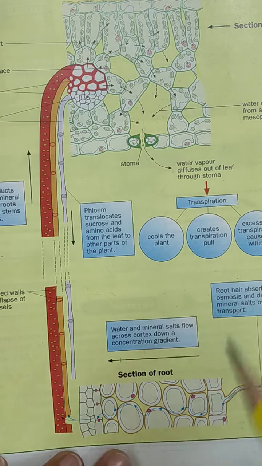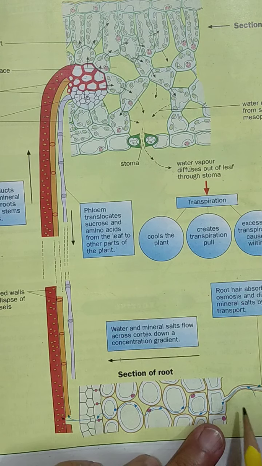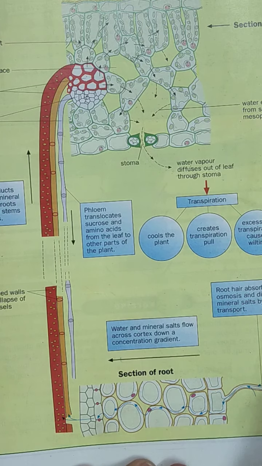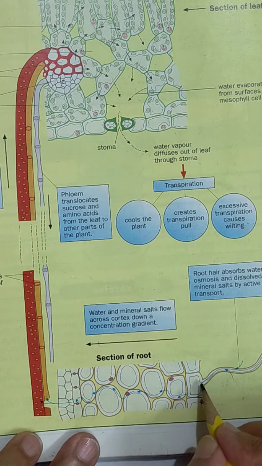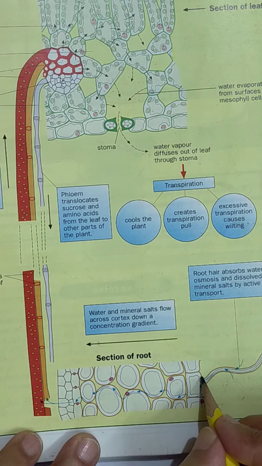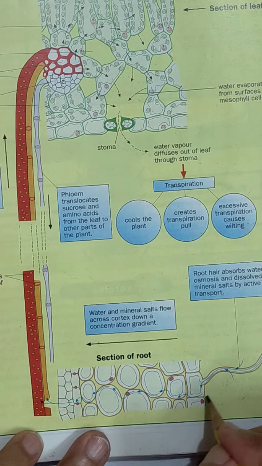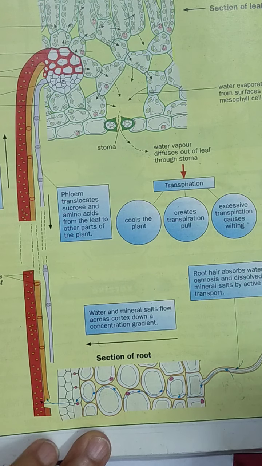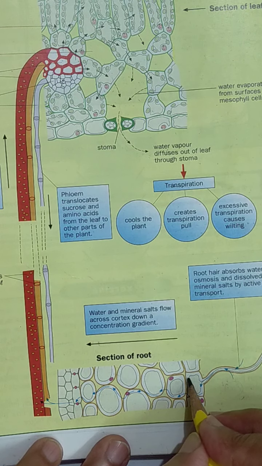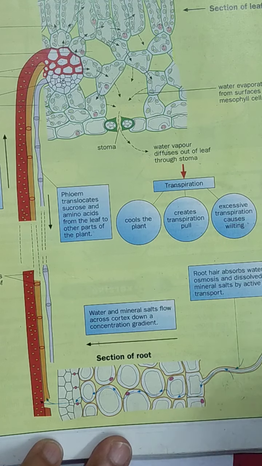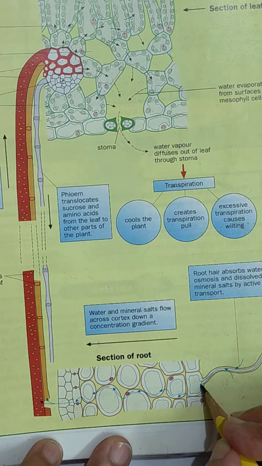So how does the plant take water? You know that in the soil, as you can see here, water is available, and if there is a deficiency of water or less water in the root hair cell, I explained that water always moves from higher water potential to lower water potential across a partially permeable membrane through the process of osmosis, and the plasma membrane acts as a semi-permeable membrane.